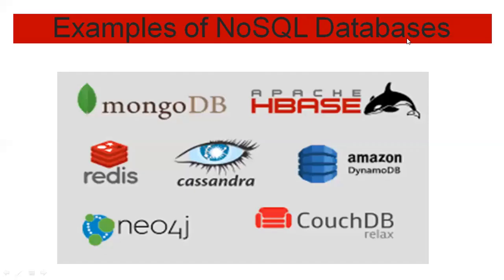And then we have Amazon DynamoDB; Amazon is using its own database, Amazon DynamoDB. Then Neo4j and CouchDB are there. There are many other databases also.